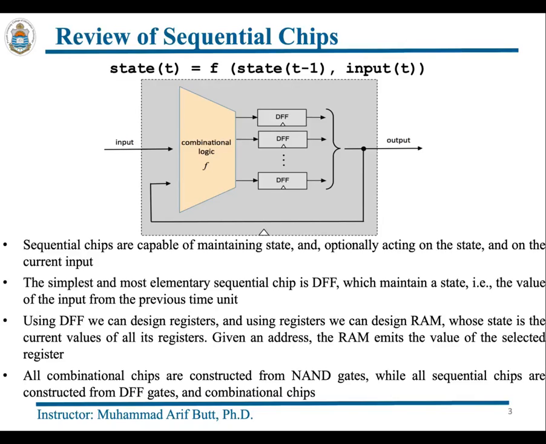Well, this slide gives a quick recap of sequential circuits that we discussed in detail in the last session. The output of a sequential circuit, or the state of a sequential circuit at time t, depends on the current input and the stored state, which of course depends on the input at time t minus 1.